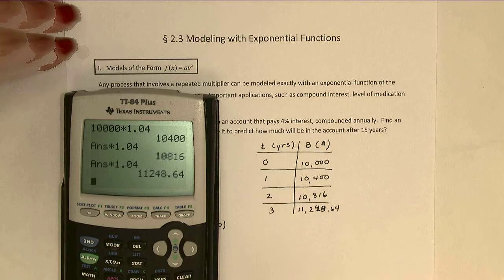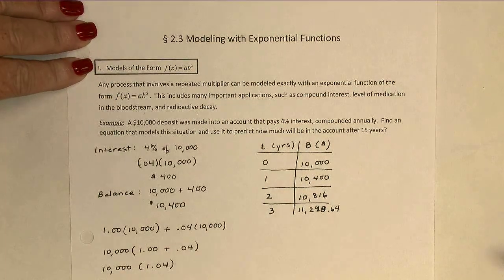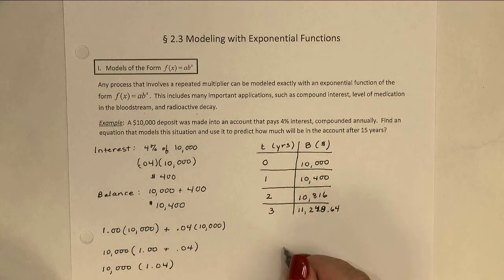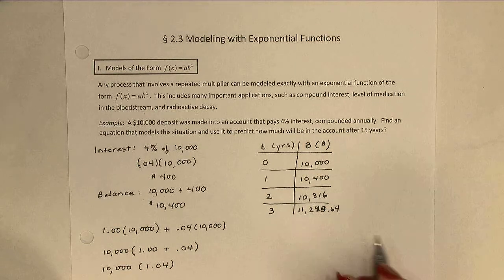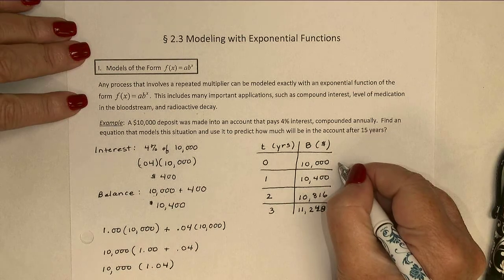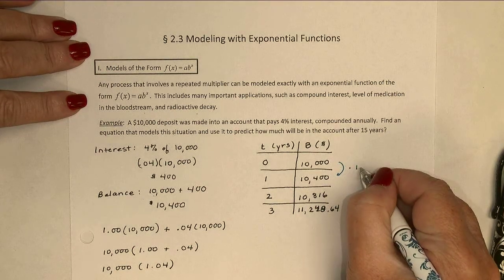All right, let's think about modeling this with an exponential function. We've already seen that our multiplier is 1.04. That's exactly how we were getting each one of these.